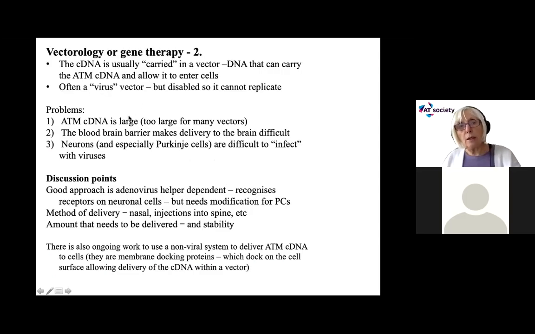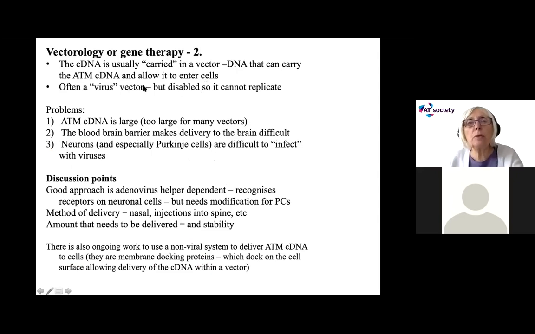Unfortunately, if we just give the cell cDNA, there are worker molecules in the cell that will destroy it. So what we try to do is give it to a carrier that will carry this ATM cDNA and allow it to enter cells.